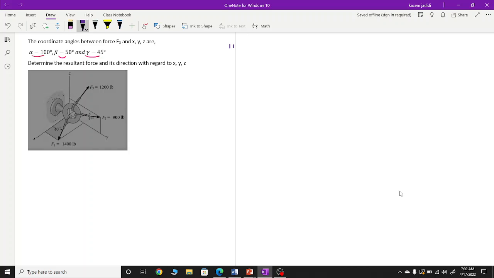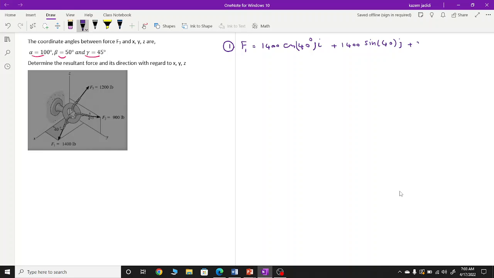In Cartesian format, step 1, break each force into its components. Let's start with F1. F1 is equal to 1400 cosine 40 degree, because adjacent to x is cosine 40 degree, i, plus 1400 sine 40 degree in j direction.